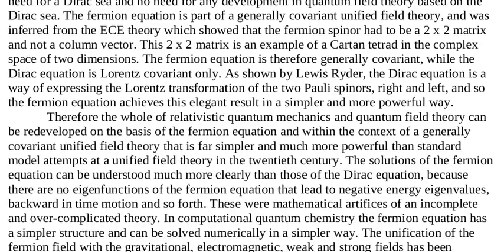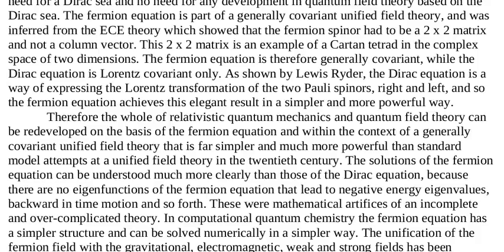This 2x2 matrix is an example of a Cartan tetrad in the complex space of two dimensions. The Fermion equation is therefore generally covariant, while the Dirac equation is Lorentz covariant only. As shown by Lewis Ryder, the Dirac equation is a way of expressing the Lorentz transformation of the two Pauli spinors, right and left, and so the Fermion equation achieves this elegant result in a simpler and more powerful way.